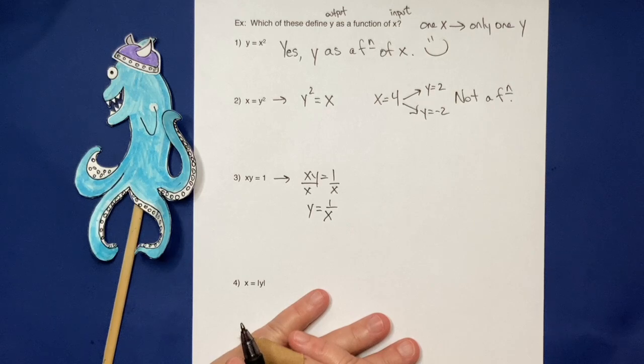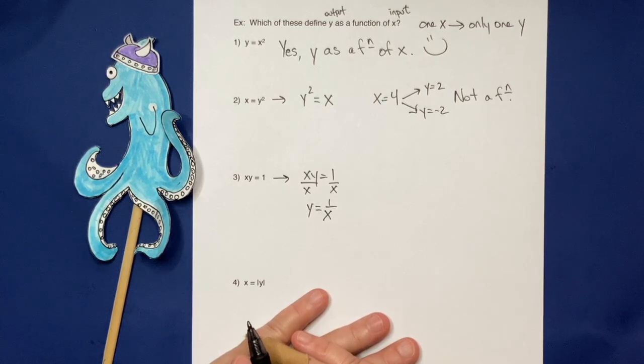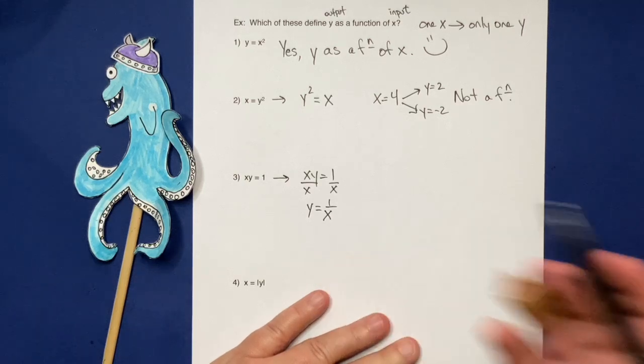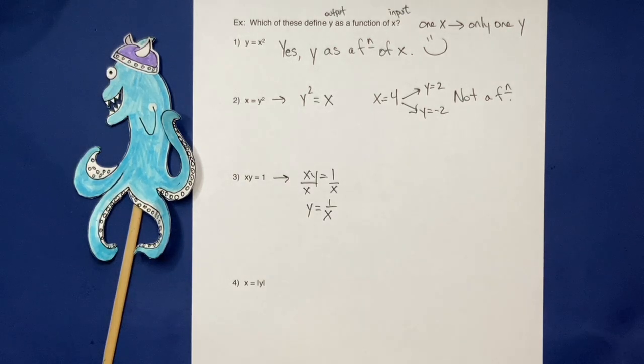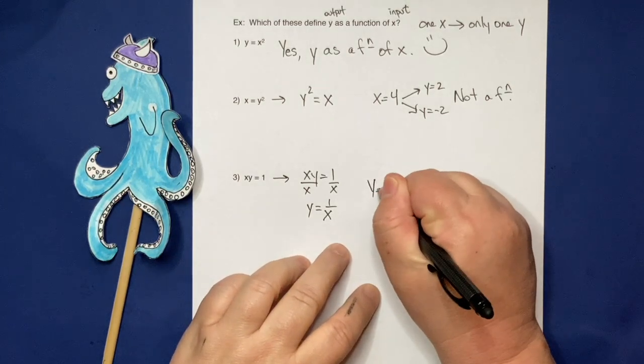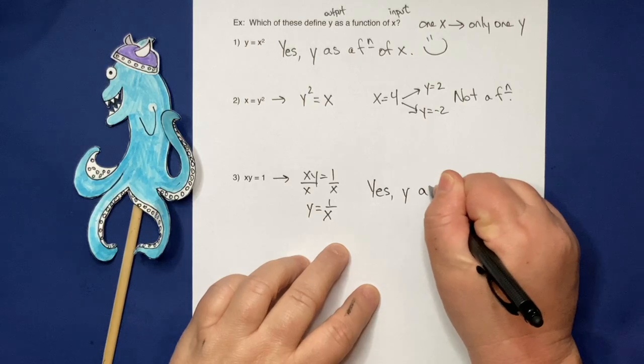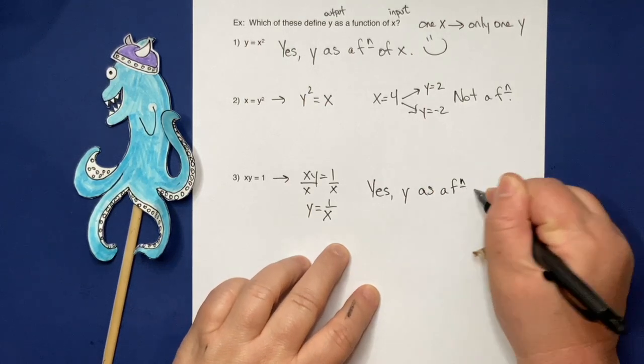And then you might say, well, what about x equals 0? Well, that's a problem. You can't have x equals 0. That just means it's not in the domain. It doesn't mean that it corresponds to two different values. And that's the important distinction. So yes, this defines y as a function of x.